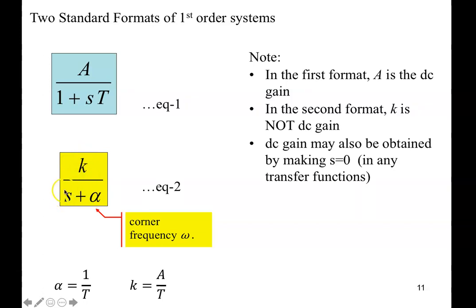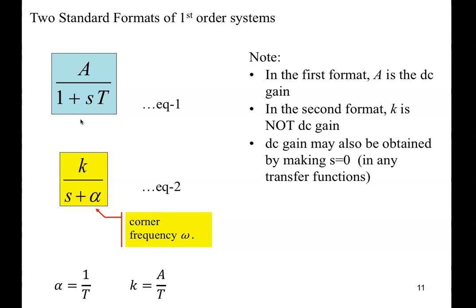Because if I equate s to 0, then k over alpha would be your DC gain. So k is not the DC gain. What's on the top is the DC gain only if you have your transfer function in the standard first format.